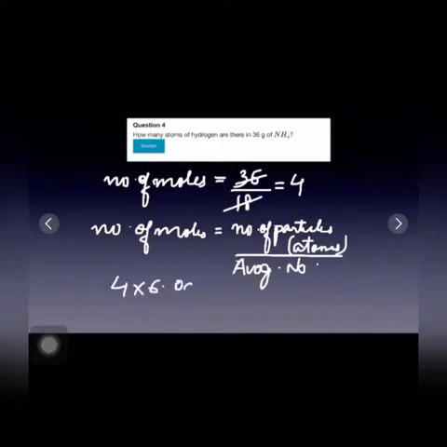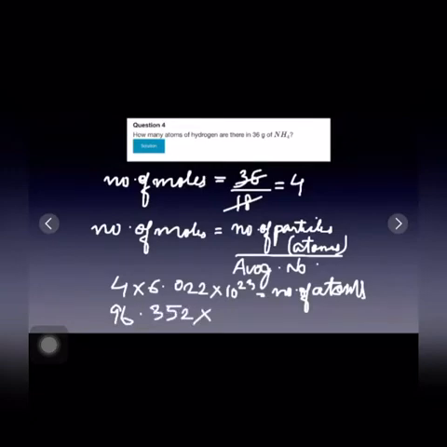Avogadro number we know is 6.022 into 10 raised to the power 23. So when we multiply this we get number of hydrogen atoms as 96.352 into 10 raised to the power 23. So this is the answer.